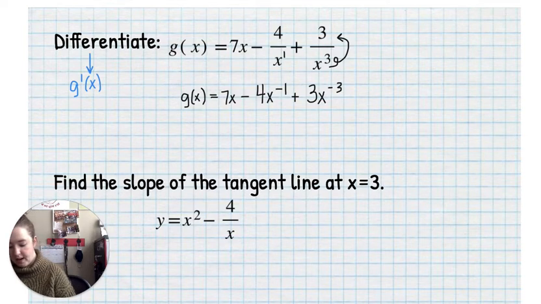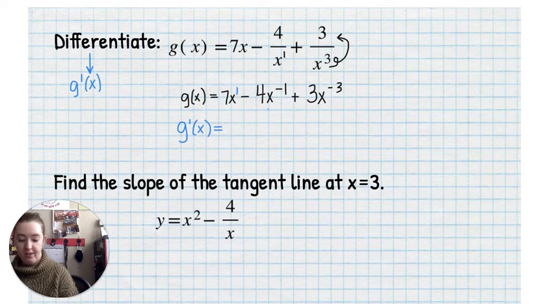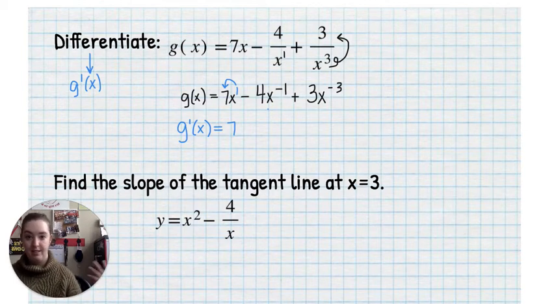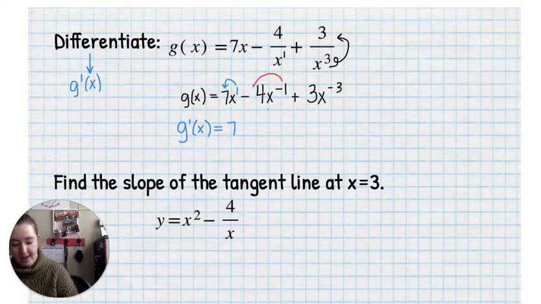So we're going to keep on doing what we've done. To find g prime of x, we're going to take our power here of 1 and multiply it. 7 times 1 is 7. Then we'll subtract 1 from the power. 1 minus 1 is 0, so x to the 0 is just 1, so it's 7. Cool. Now we're going to bring it down and multiply. Negative 1 times negative 4 is positive 4, so we'll have plus 4. Then subtract 1 from the power.